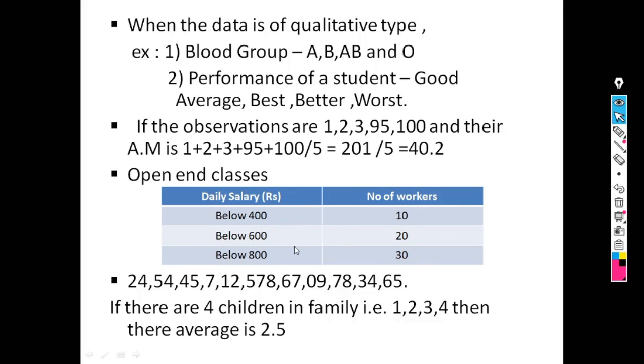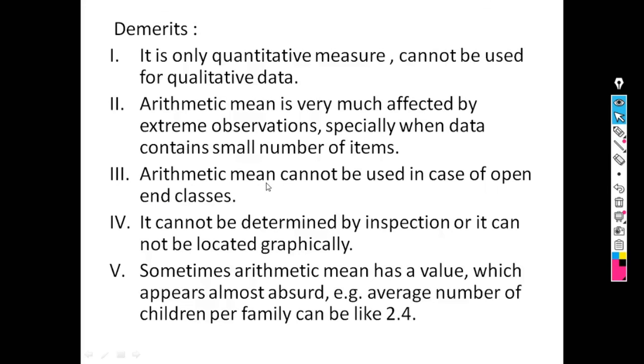So for this type of data we cannot calculate arithmetic mean, because the formula for arithmetic mean is summation of fi into xi divided by n, or summation of fi into mi divided by capital N. So here we can't calculate the midpoint or middle observation. So arithmetic mean cannot be calculated. So this is the drawback of arithmetic mean. It cannot be used in case of open-end classes.